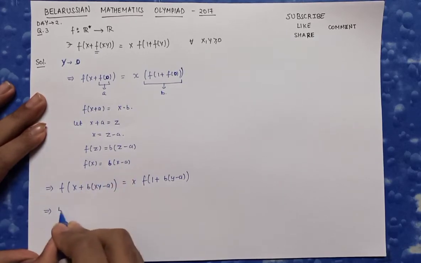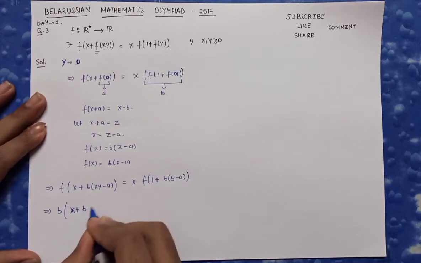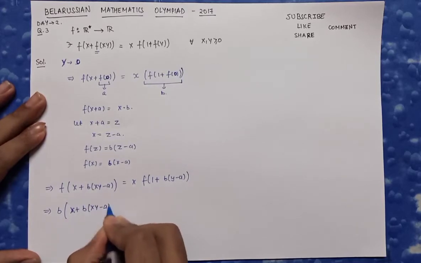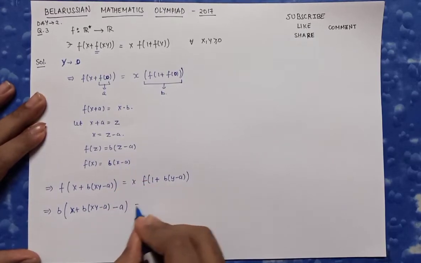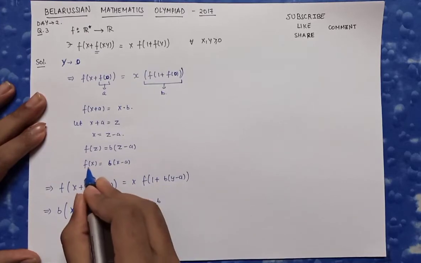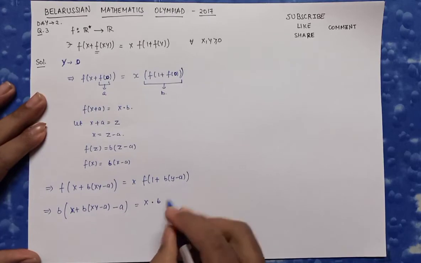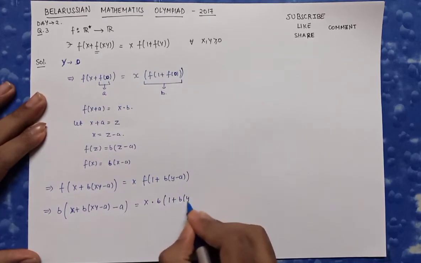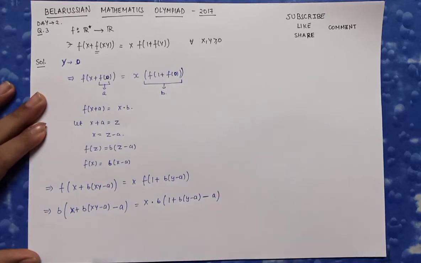Then we get b times (this whole part x + b(xy - a)), minus a, equals x times this whole part, with b(y - a) substituted, then minus a. Now let's solve this.